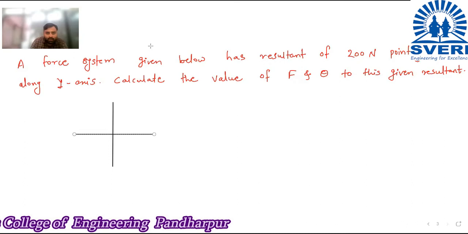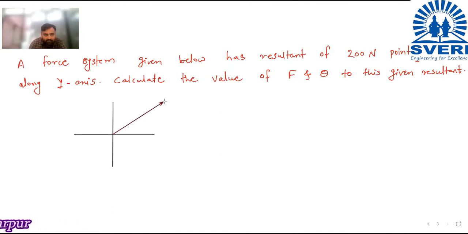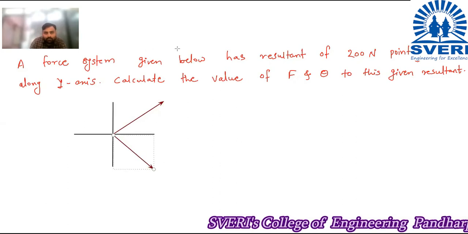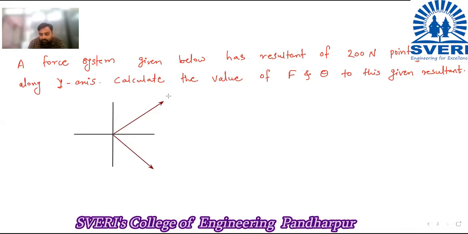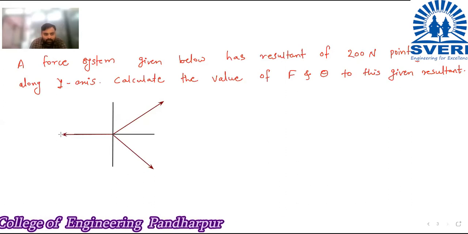Now the forces are, this is the force F which is acting like this. This is the force F. Then second force is this force which is of 240 kilonewton. I will write the magnitude and angle later on once I finished up with the forces. And third force, it is like this.